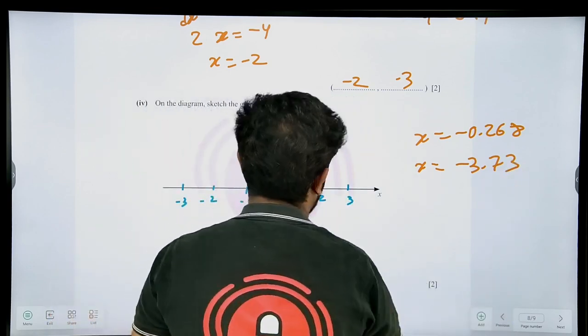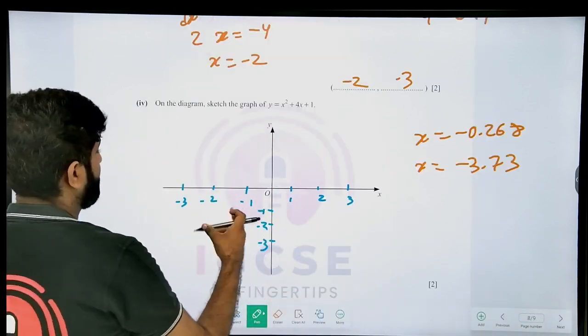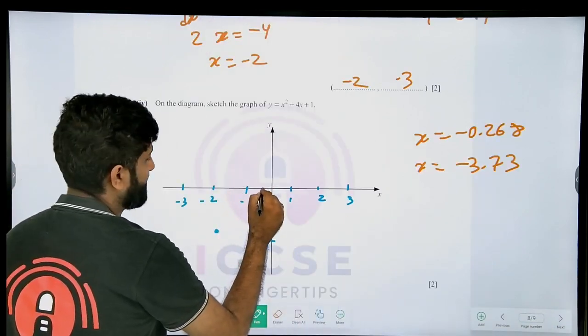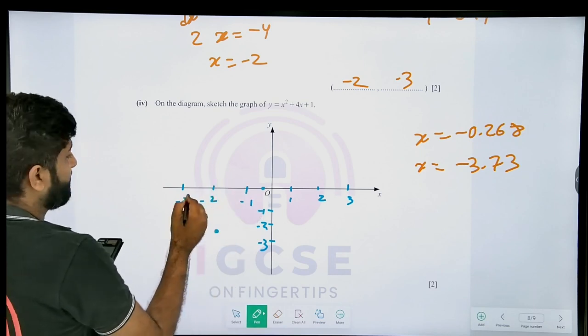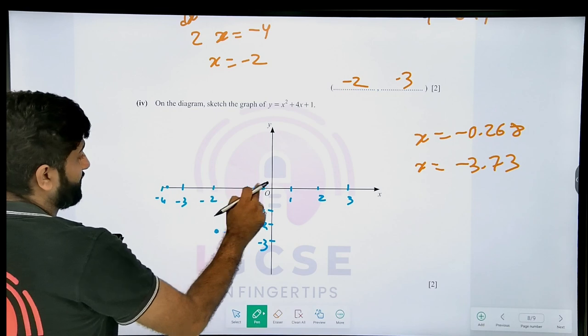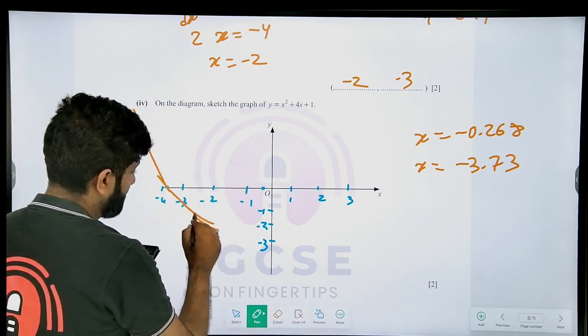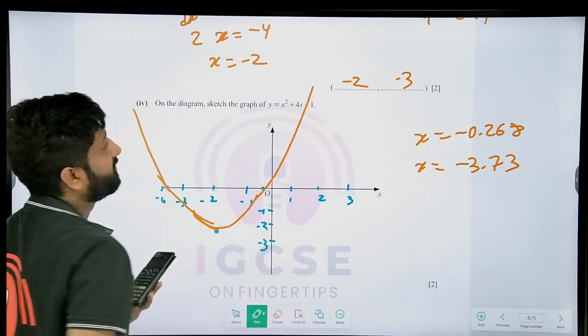So I have minus 0.268 which is somewhere over here and I have negative 3.73. Let's say this is my negative 4 and this is somewhere over here. So these are my 3 points. That's it. You draw a graph and you are done.